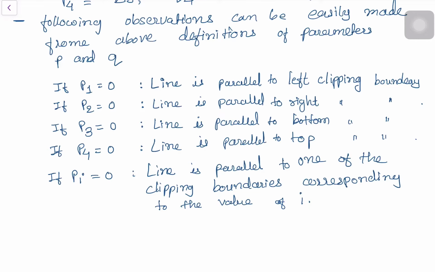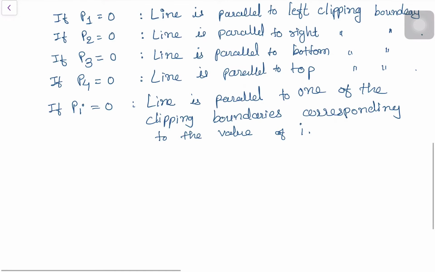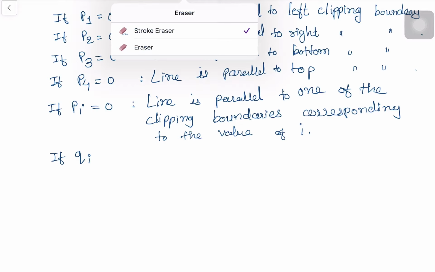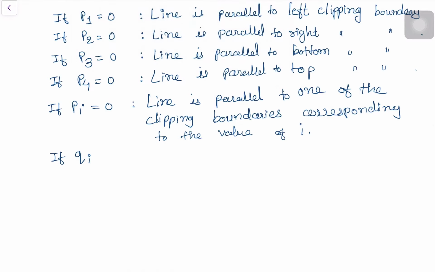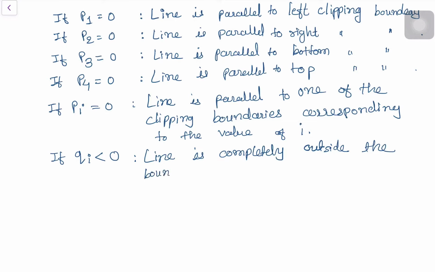Now, if qi is less than 0, then the line is completely outside the boundary and can be eliminated.